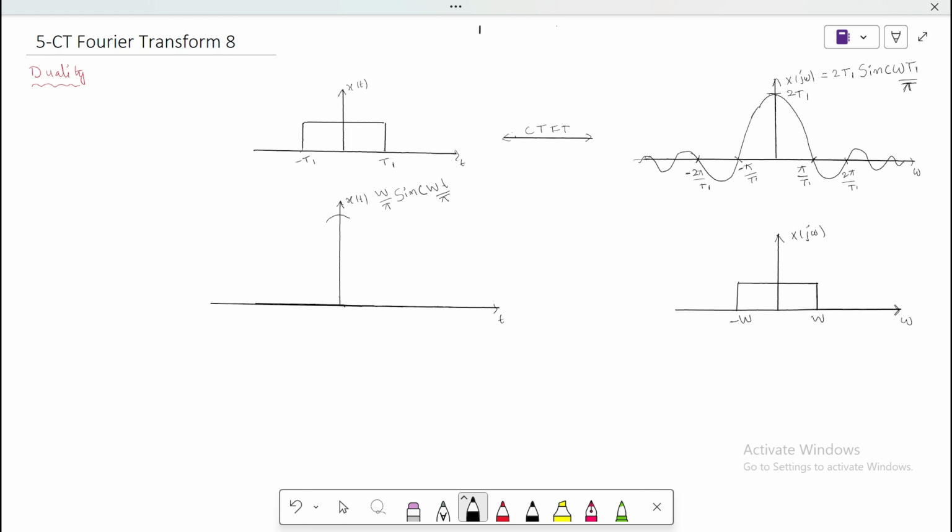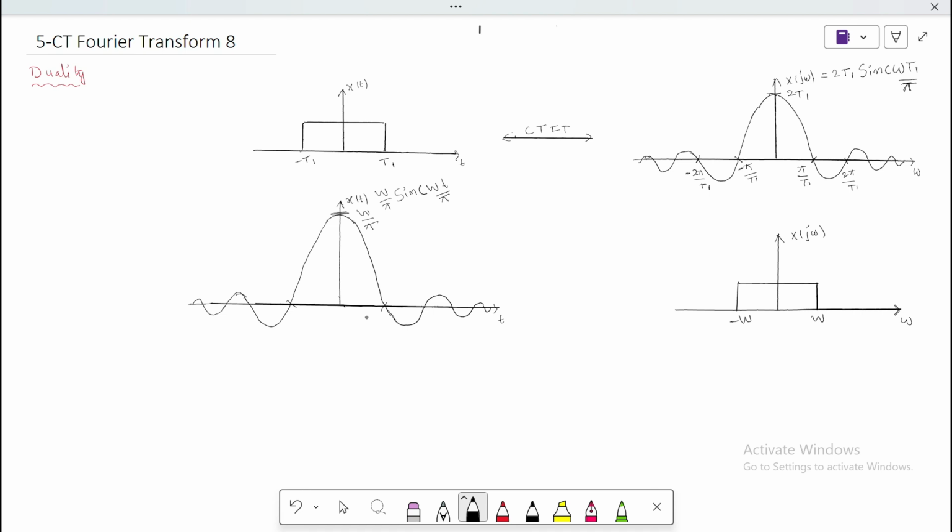So similarly, the peak value equals w by pi.